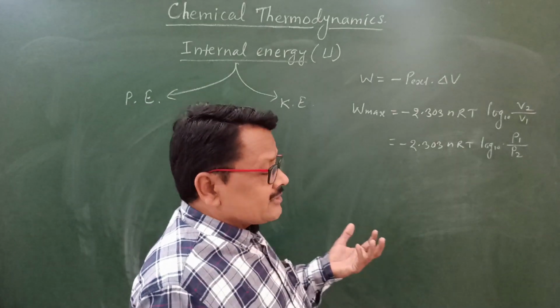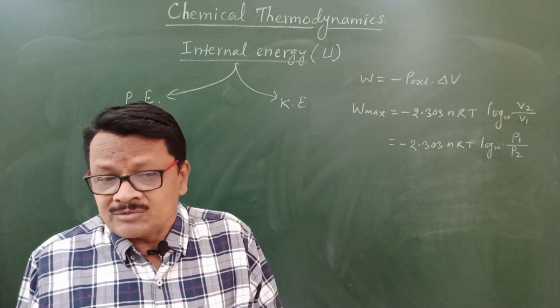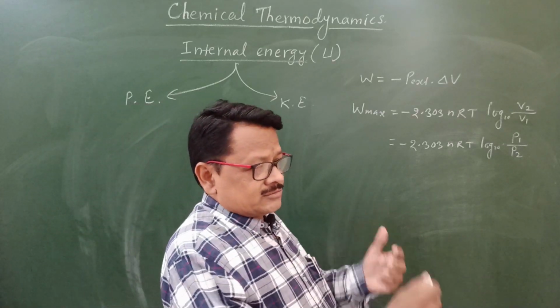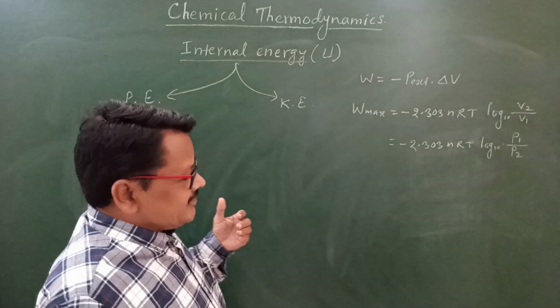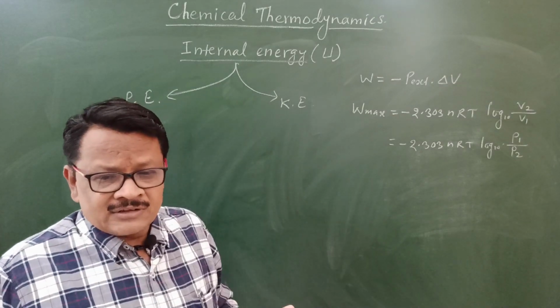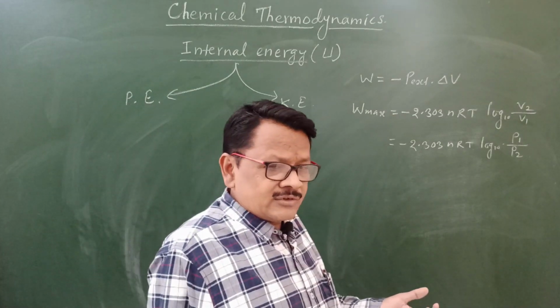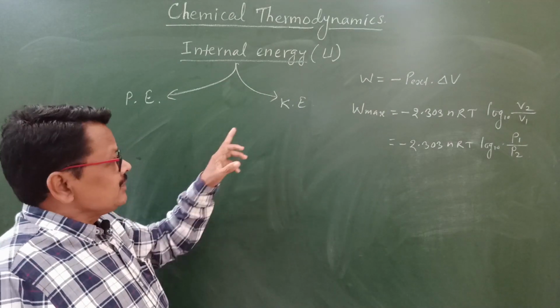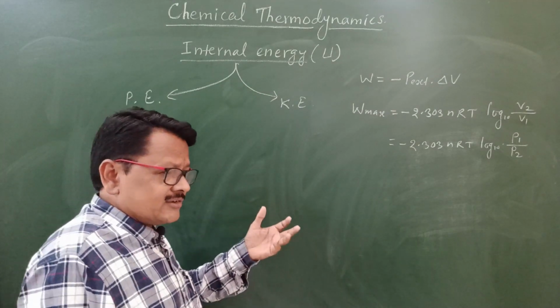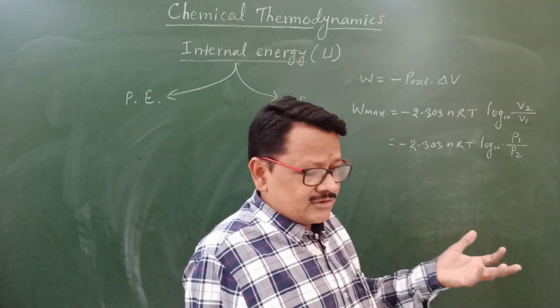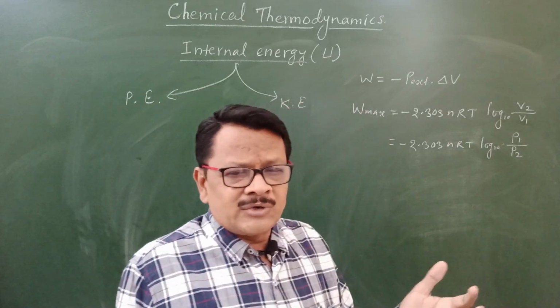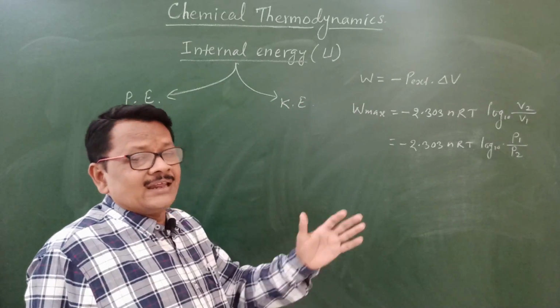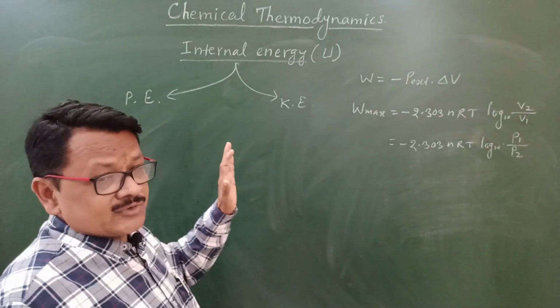And kinetic energy means the energy associated with the body or the substance when it is in motion. Again, in their types, potential energy is intramolecular energy and intermolecular energy. Kinetic energy is energy of translation, energy of vibration, energy of rotation. So these are the subtypes, but we are not going to learn in detail regarding these types.